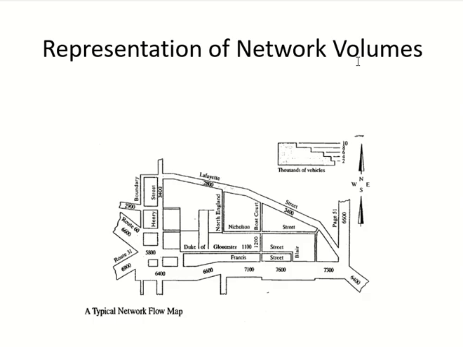This is what we call a network flow map. It's a representation of network volumes. How do we represent network volumes? You can see the actual numbers written here. These numbers are the volumes for these segments. Another thing which we do is scaling the width of the road according to these numbers.